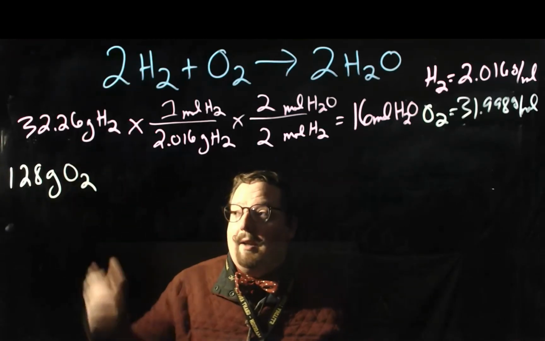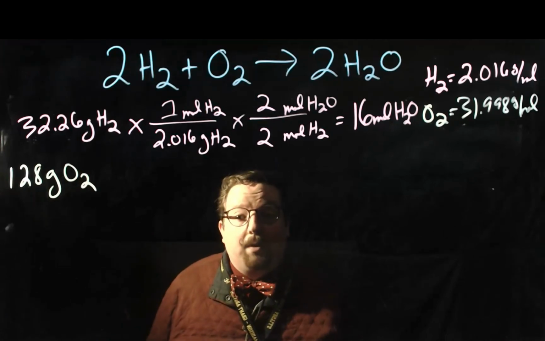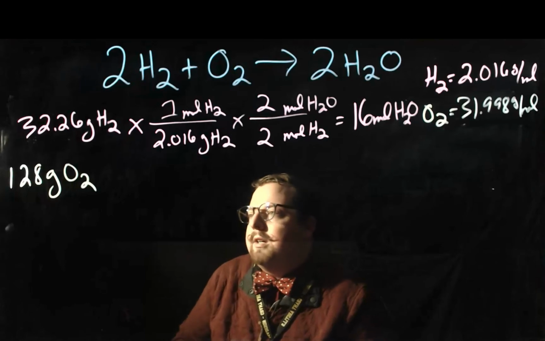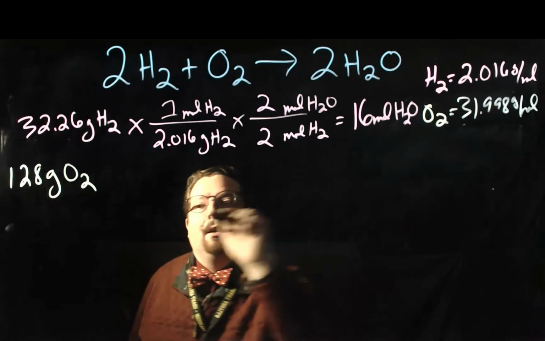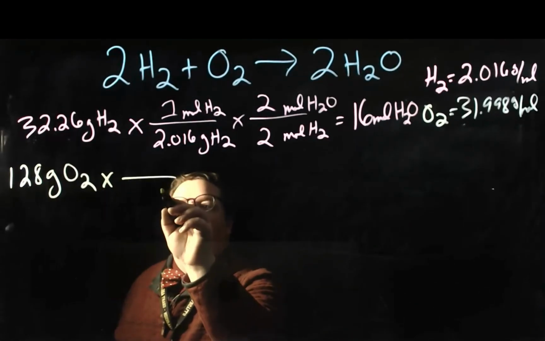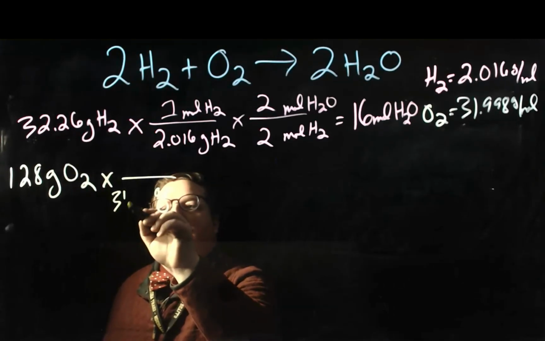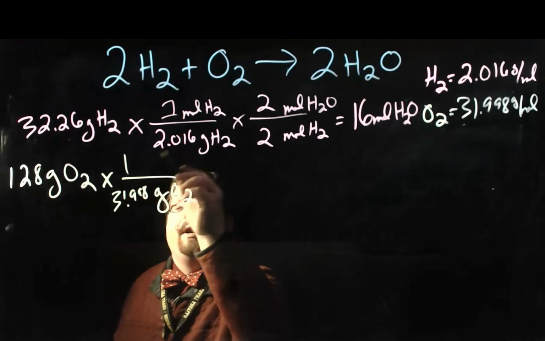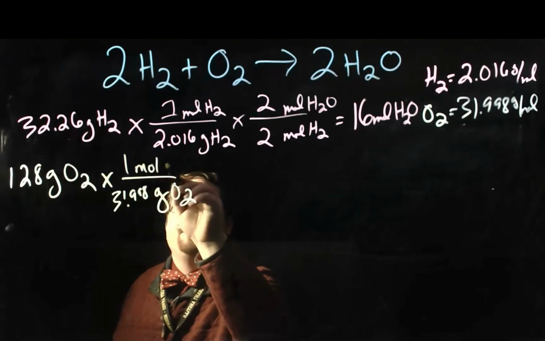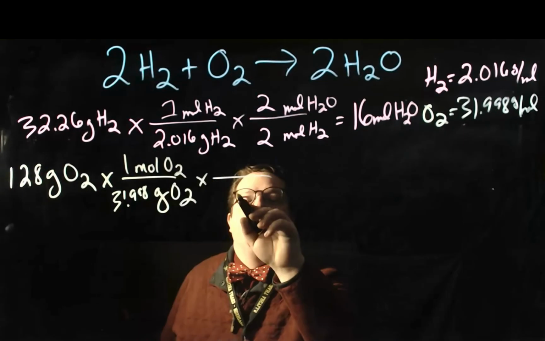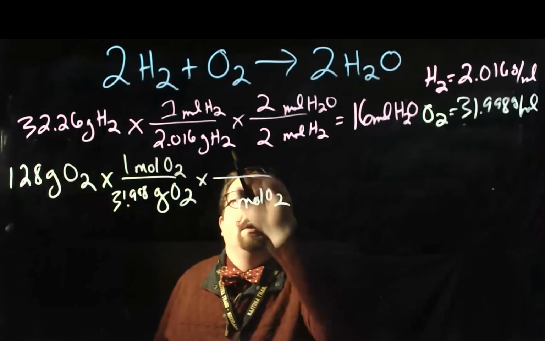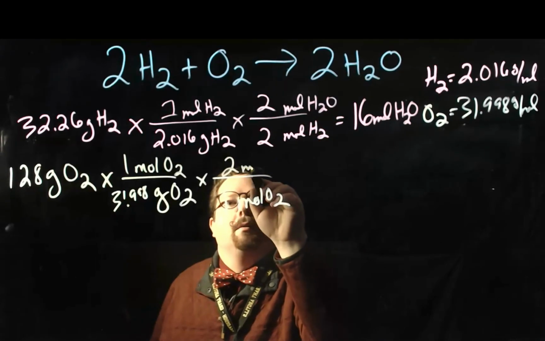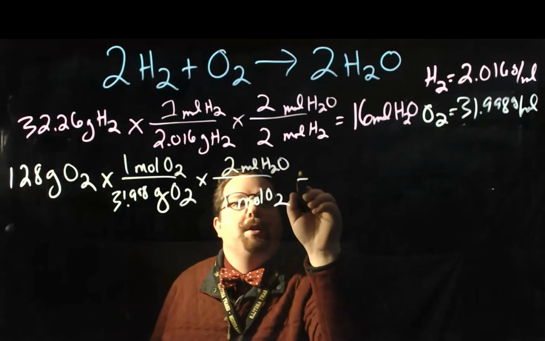We've got to compare that now to how much water we make with the O2 that we have. So do the same thing. If you have 128 grams of O2, convert that grams to moles. There are 31.998 grams of O2 for every 1 mole of O2. Convert the moles of O2, which is 1 according to our equation, to moles of H2O, which is 2.